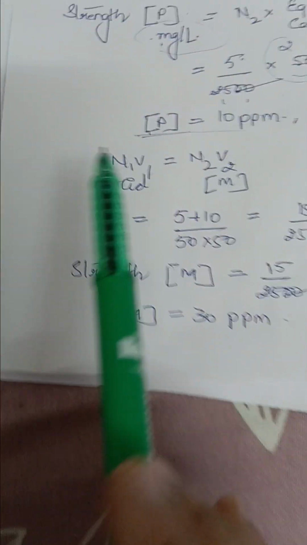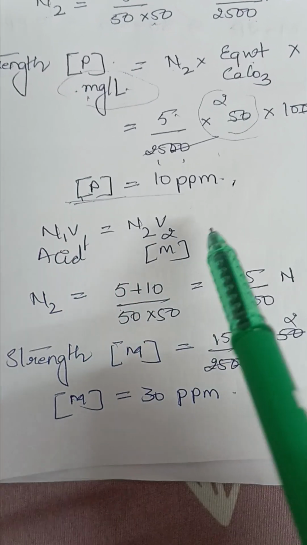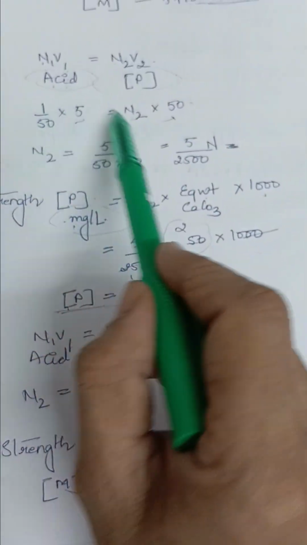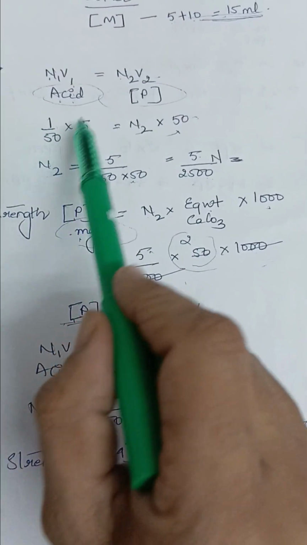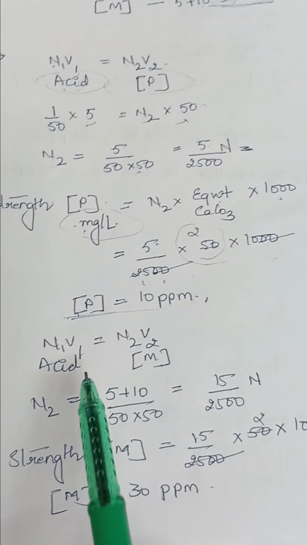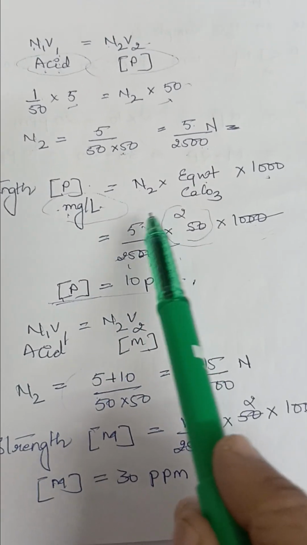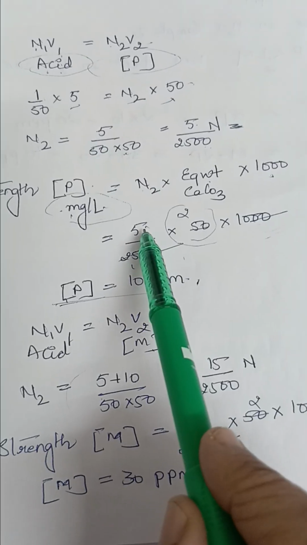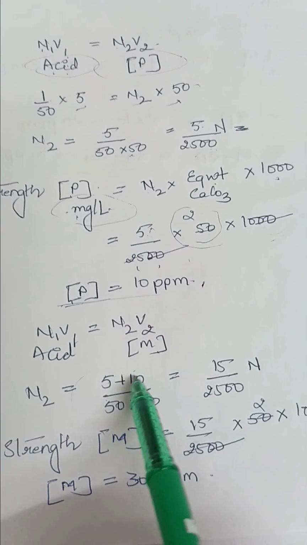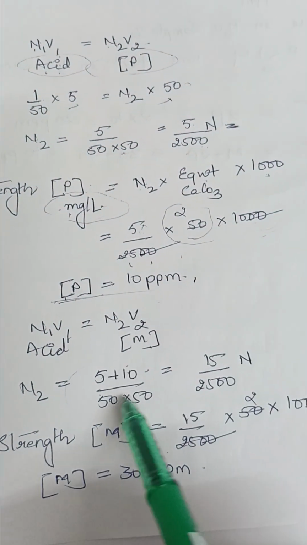In a similar fashion, we solve with respect to the methyl orange endpoint. We don't have to write everything again and again, 1 by 50 into 15 into N2 into 50. We can solve this step as in the previous step. Here the consumption of total acid was 5 before, but in methyl orange it is 5 plus 10, and the same 50 by 50 will come as it is.